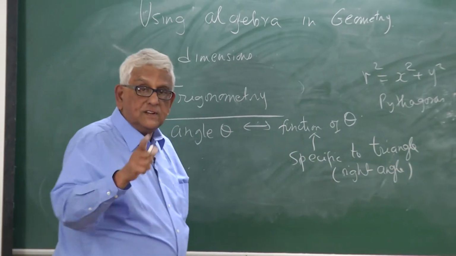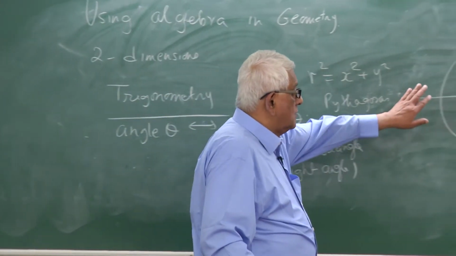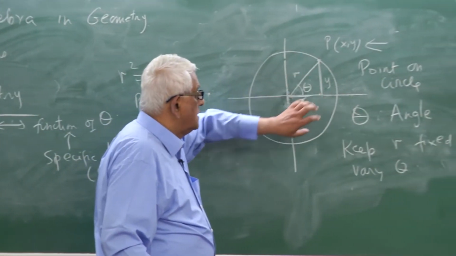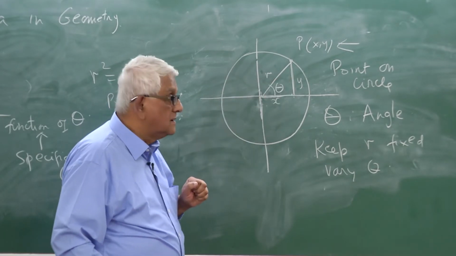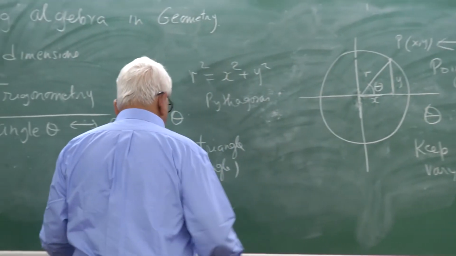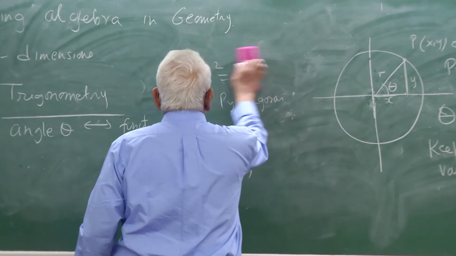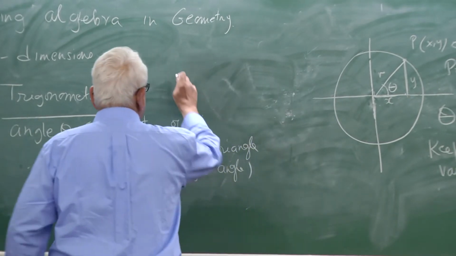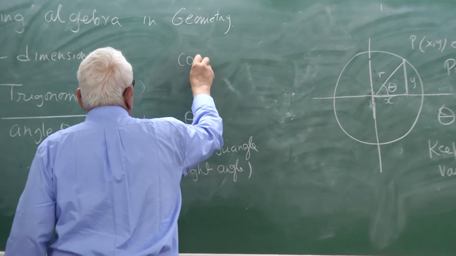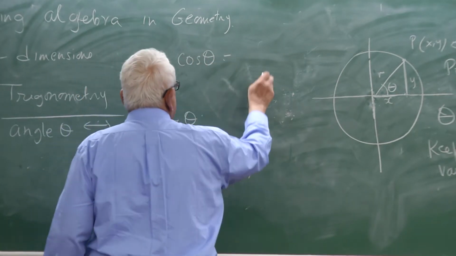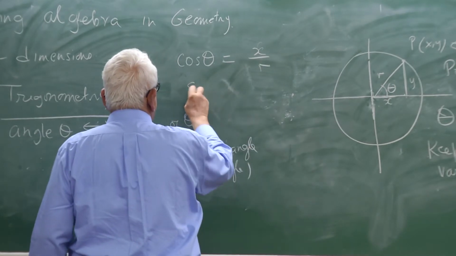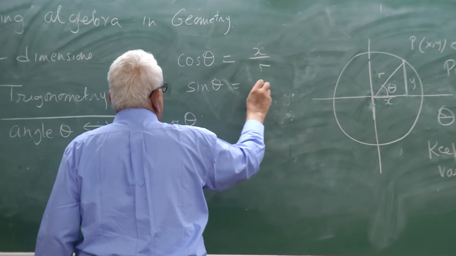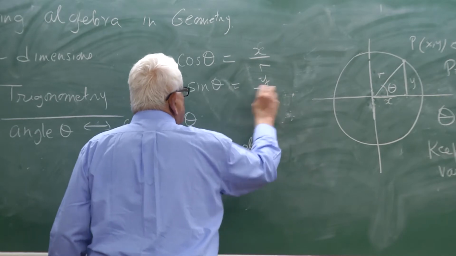Right? So given a right angle triangle, we choose a function which encodes information about the triangle. And what you do is the following. You write cosine theta is x over r, and sine theta is y over r.